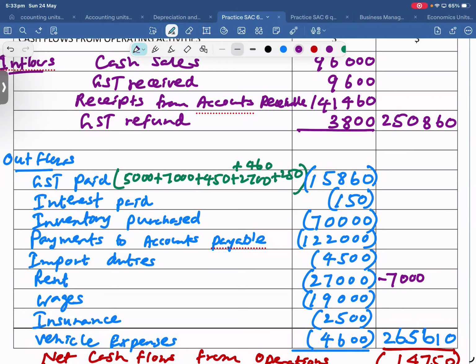Expense or revenue is incurred in this period. Cash flow is basically what affects cash. What is cash? Money, notes and coins, and cash at bank. Okay. Also, there can be another one.